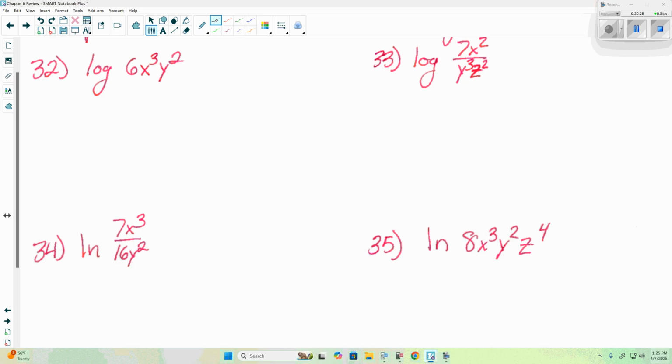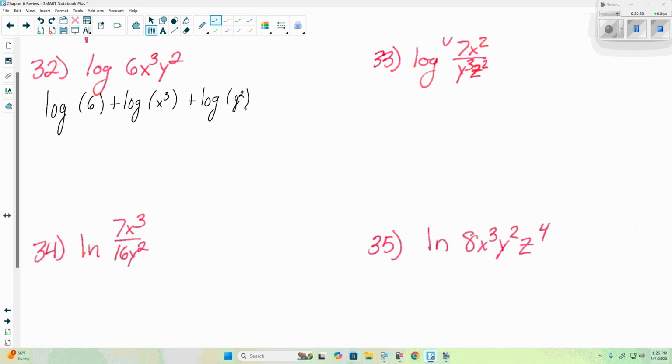Product says if I have two or more things being multiplied inside the log, we could rewrite it as a sum of logs. So here we'd have log of 6 plus log of x cubed plus log of y squared. Three terms inside, so we rewrite it as the sum of three logs.